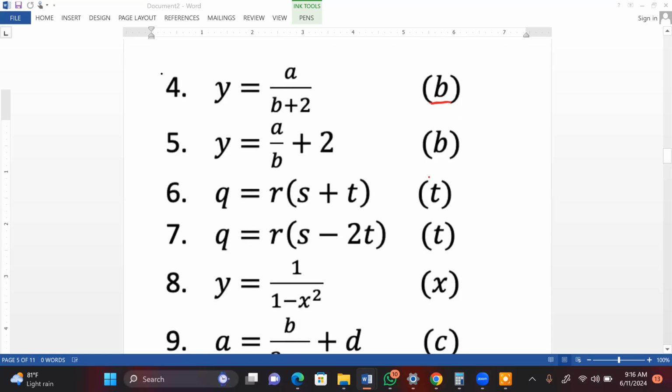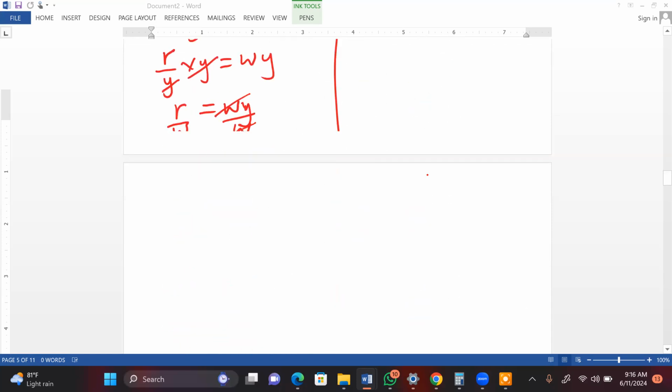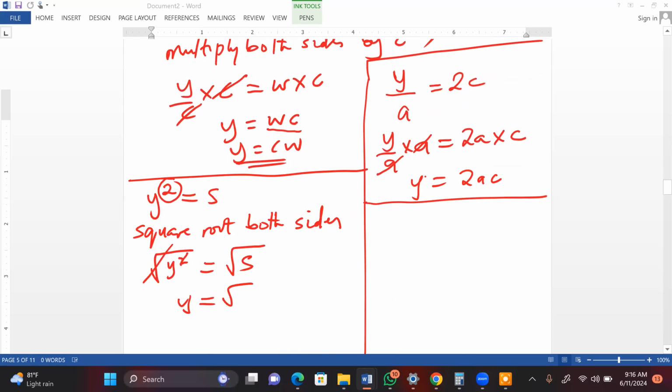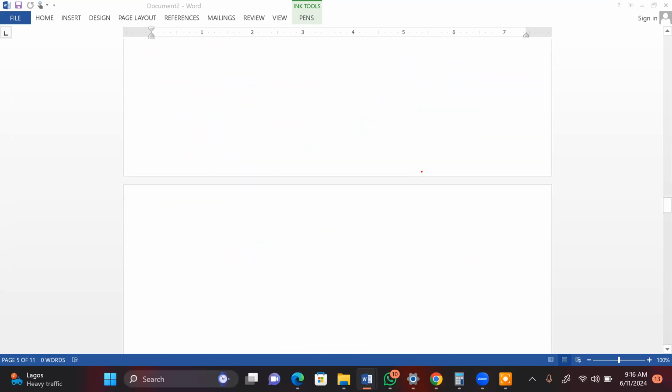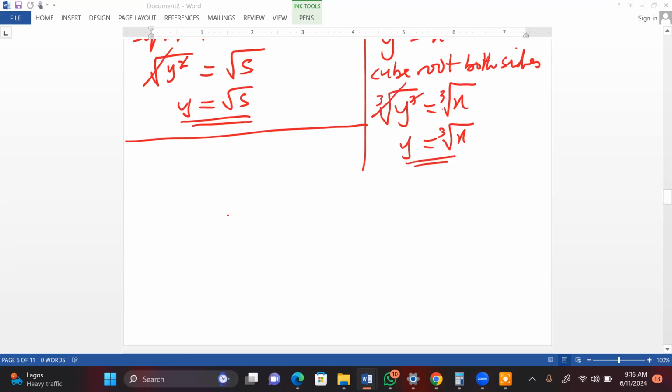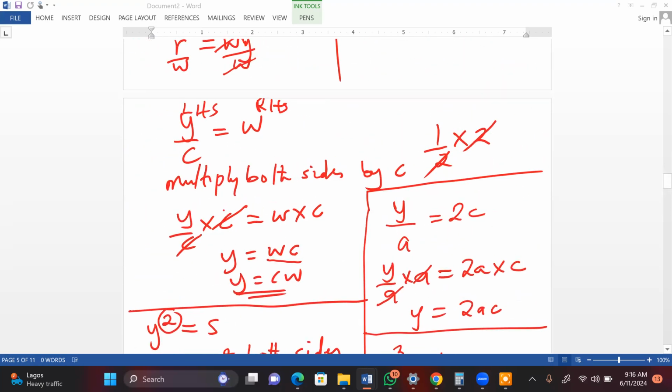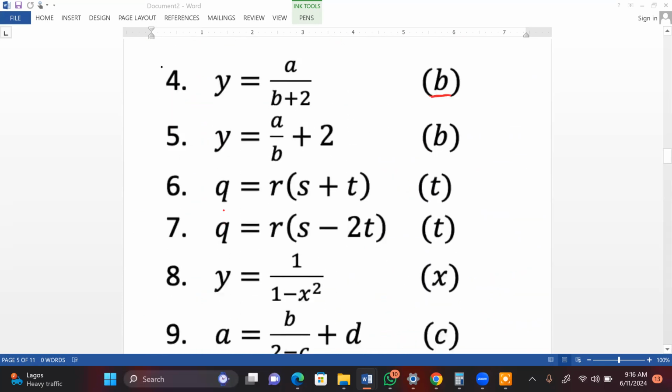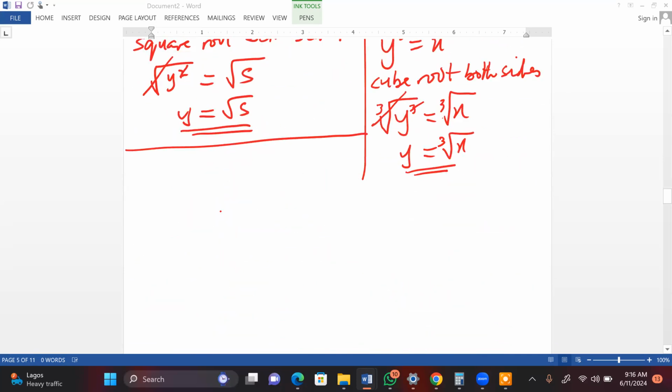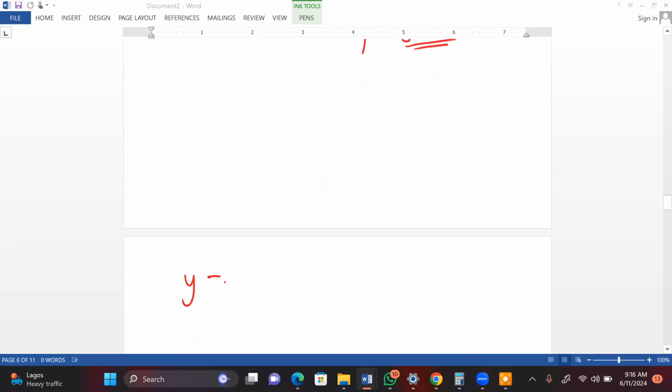y equals A over B plus 2. We are making B the subject of the formula.